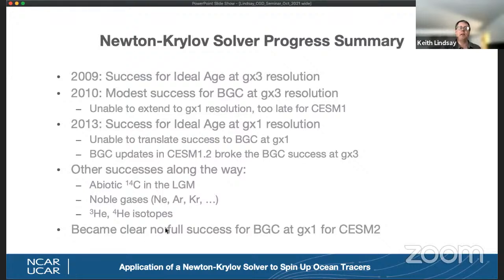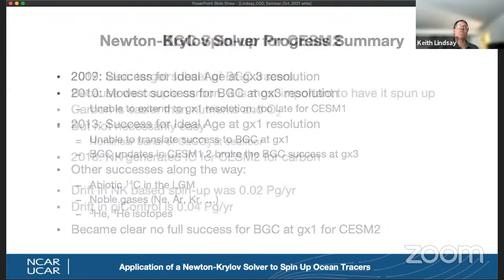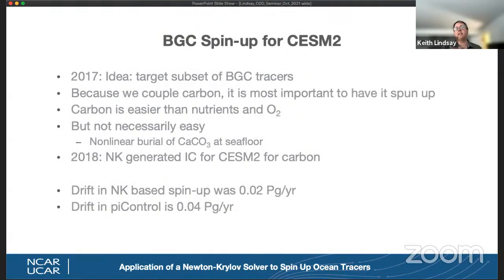That said, as we were progressing towards CESM2, it became clear that the development of the solver had not progressed enough to get success for applying it to the full-blown BGC in CESM2. So we developed an idea to, instead of trying to use Newton-Krylov to spin up the full BGC suite, target a subsuite of the BGC tracers.